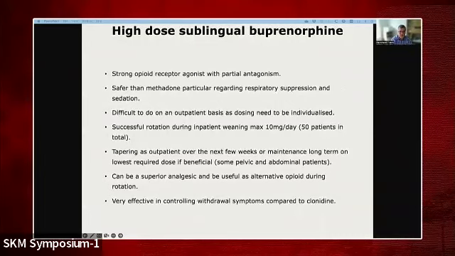We also use high-dose sublingual buprenorphine, which I have done a few times in an outpatient setting, but this is our main drug we use as an inpatient because it is very helpful in controlling withdrawal symptoms, usually on day 2 when the opioids are completely stopped the night before we start this. As the best effect is really when patients are in some degree of withdrawal already, and then they find this very useful.